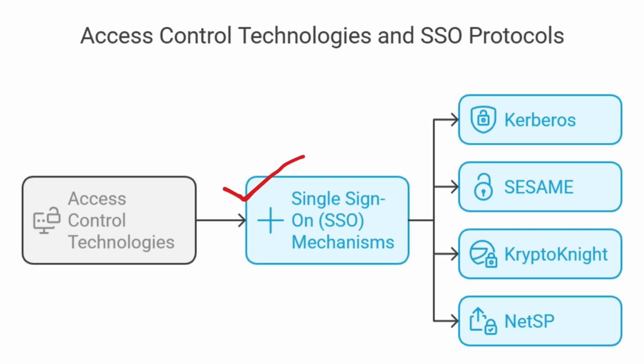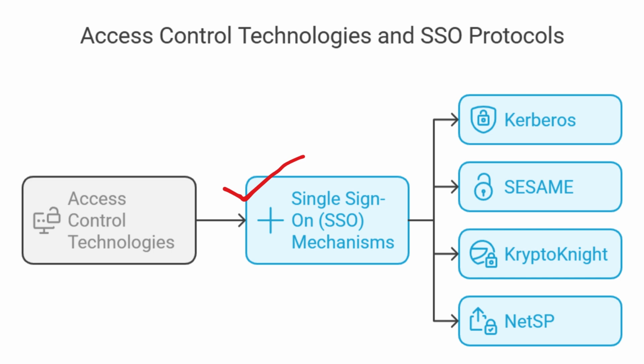The SSO system authenticates them and issues a secure token. When the user accesses another application, the token is checked and validated. If valid, the user is granted access without needing to log in again. SSO is used in enterprise environments, cloud applications, and federated systems.